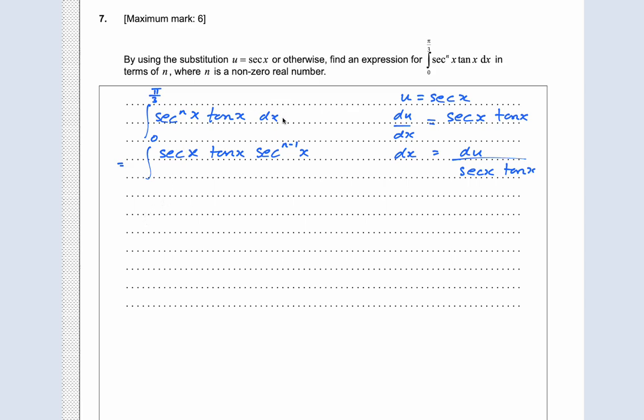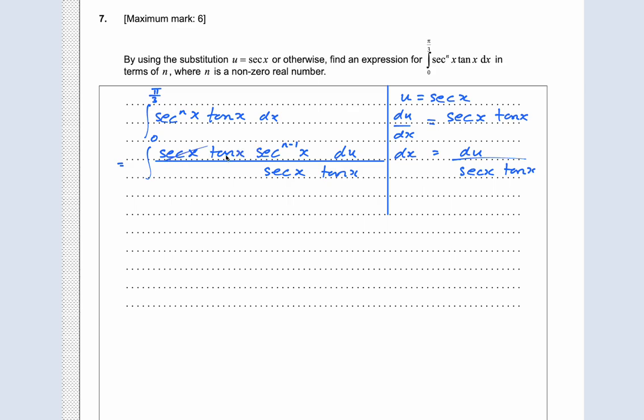Okay, then my dx is equal to this, du over sec x tan x. I guess, guys, I could just put this over the full thing. Okay, now the nice thing is these cancel.